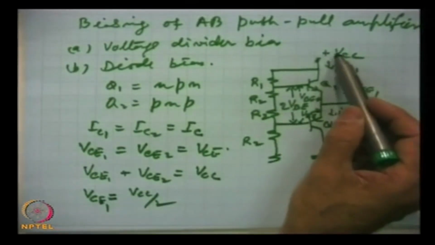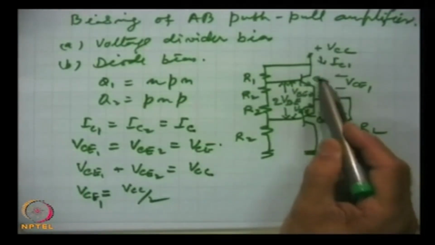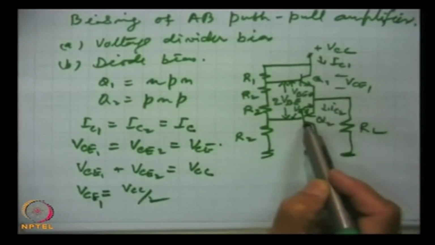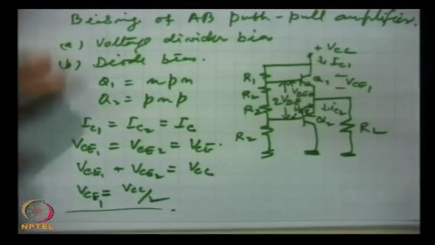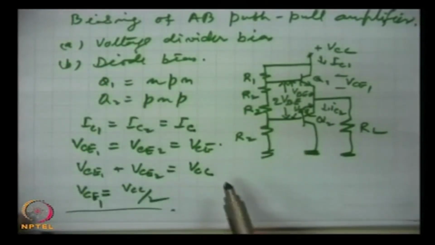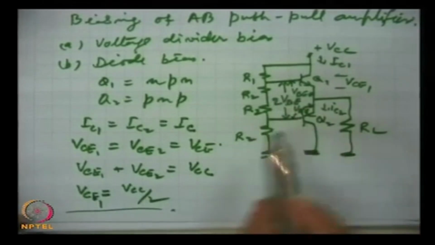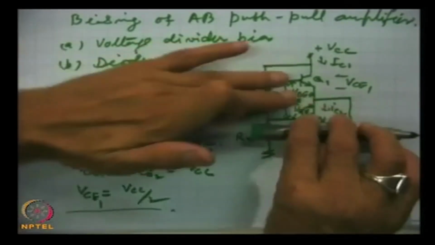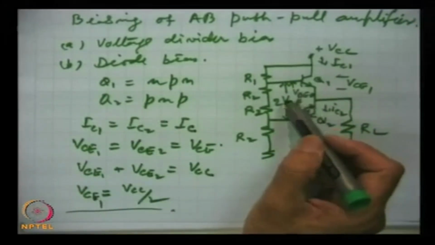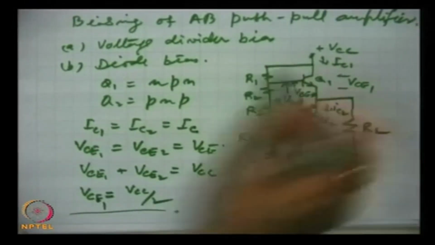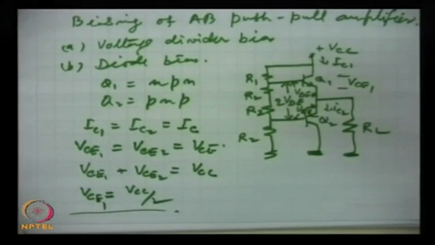If this is 10 volts, 5 volts will be dropped here, 5 volts will be dropped here, that is what this is showing. And so, this is a very simple design, and as I said, we can take just the upper half and calculate R2. We have to take R2 such that this voltage should be 0.7 volts, we can find out, and this is the voltage divider bias.